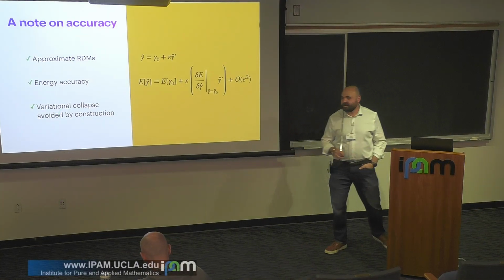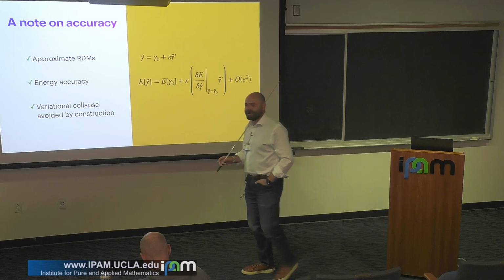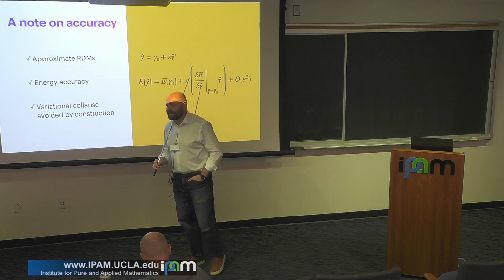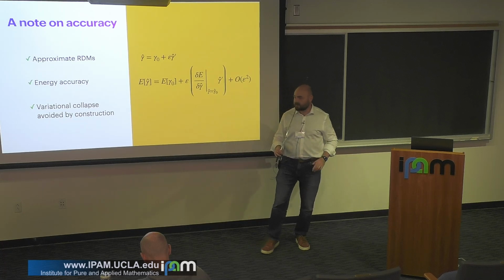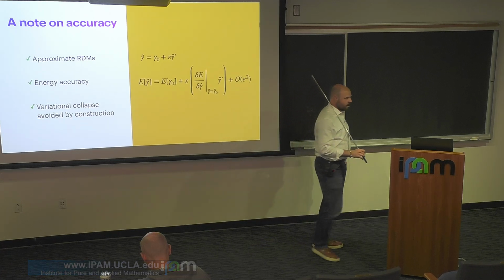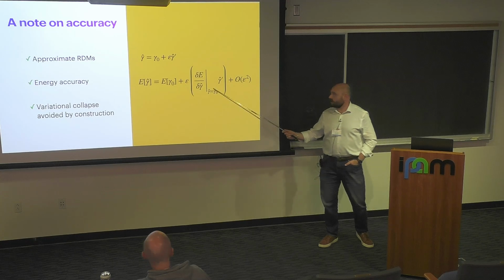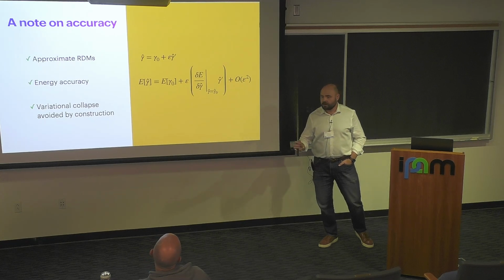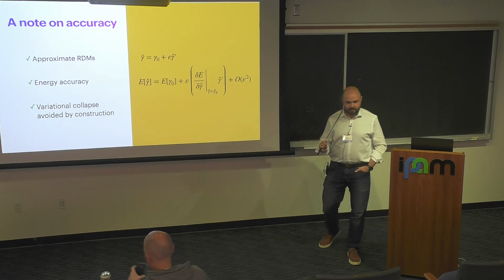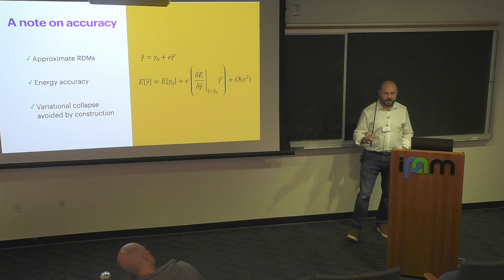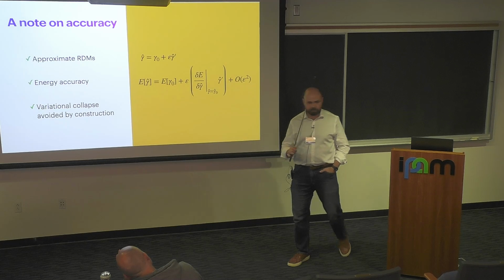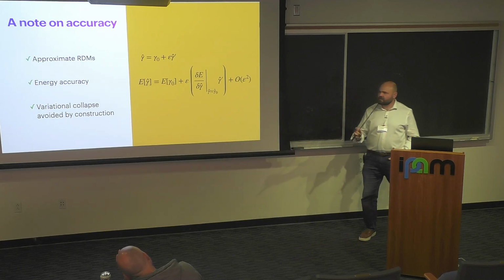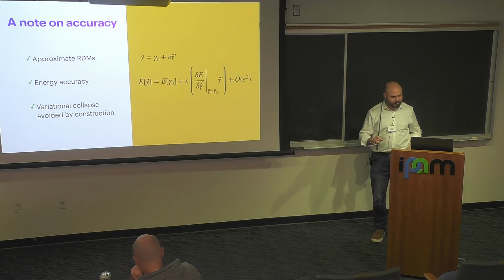You're almost guaranteed to be below your variational minimum unless you have all the sets of n-representability conditions satisfied. Here you just go by this criterion, and you say, okay, I'm going to leave the accuracy to how well I can fit my RDMs. Yeah, but I get your point.